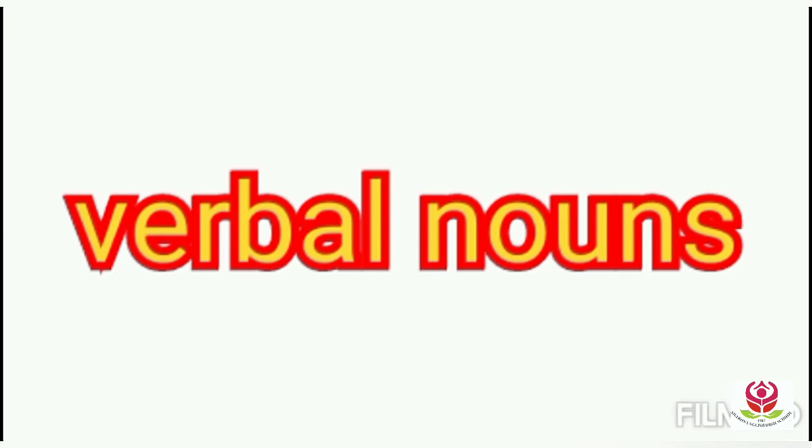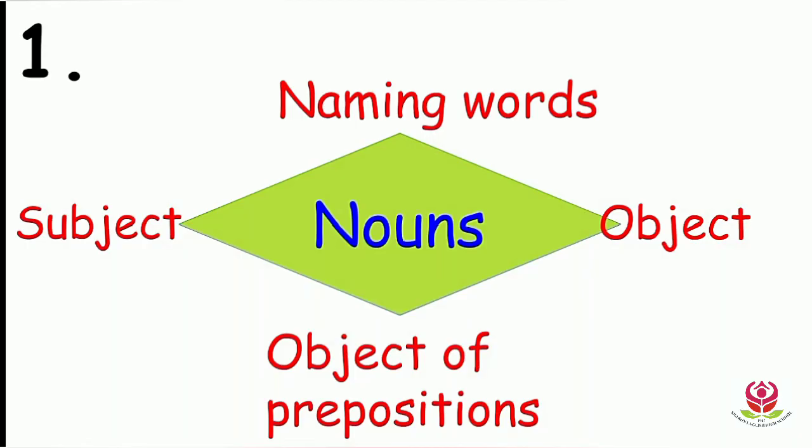In order to identify a gerund in a sentence, first we need to learn or revise our basics. Let's begin with the first step of revising the basics. Let's see how much we already know about nouns. We know nouns are naming words. We also know that nouns serve as a subject in a sentence as well as an object of a sentence.